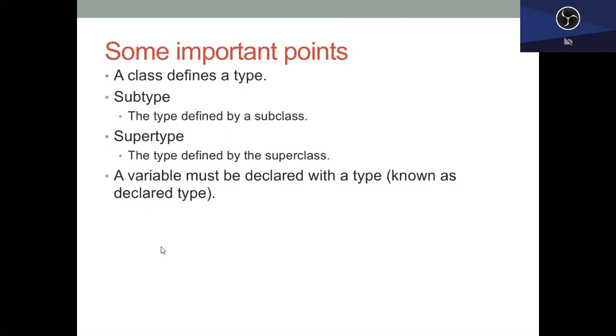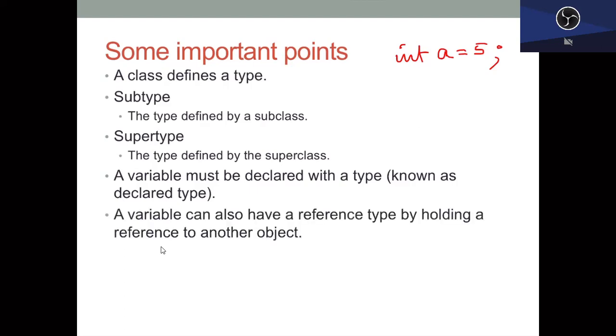Now again, this is a basic concept. When you declare a variable, it has to be declared with a type, which is known as a declared type. So when I write, say, int a is equal to 5, a is the variable and int is its declared type.